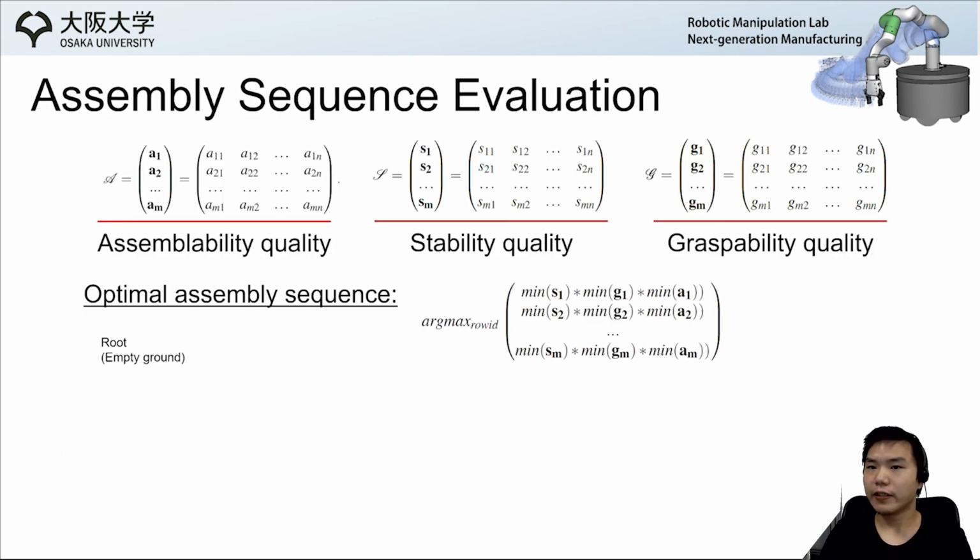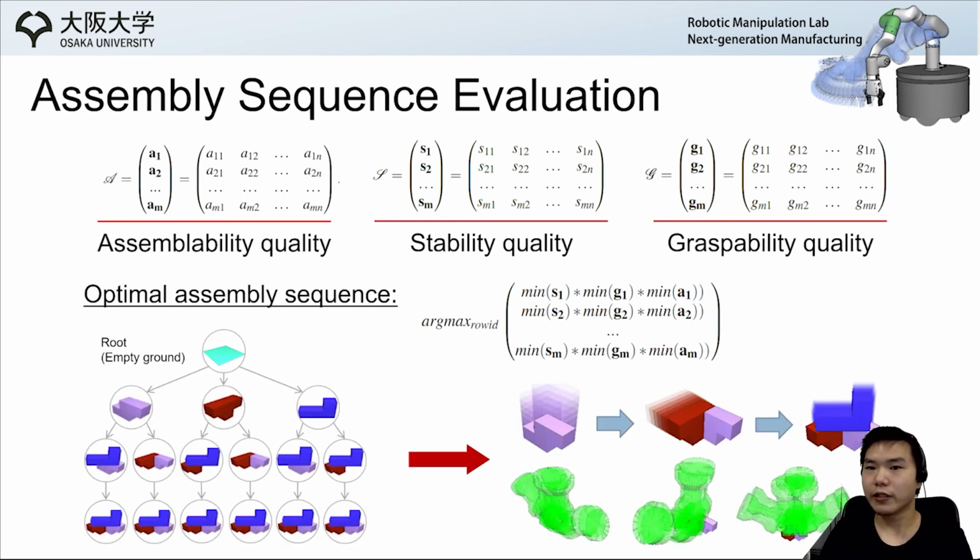Finally, after evaluating each assembly order, we can get 3 matrices. Each row of the matrix represents the quality for a corresponding assembly order. Every entry of a matrix is the quality for an intermediate state. This assembly sequence evaluation block finds the optimal assembly order by comparing the multiplication of the worst qualities of each row.